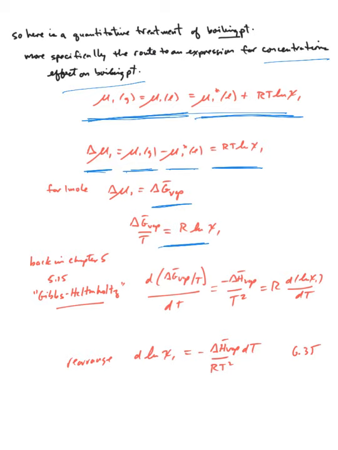I'll scramble here as I'm talking to you to look for that page. I encourage you to look at the context in which that equation was generated, and that was in a section called Dependence of Gibbs Energy on Temperature and Pressure.